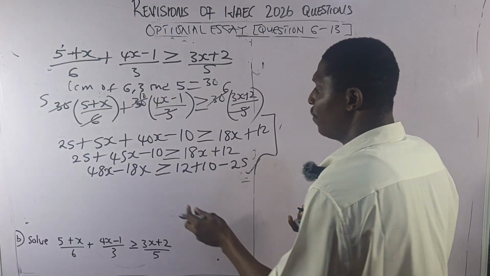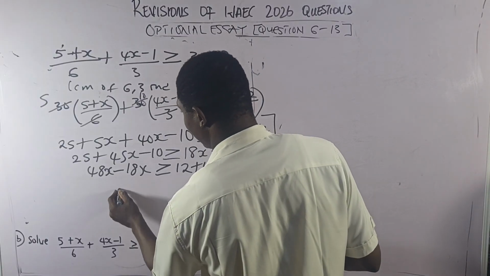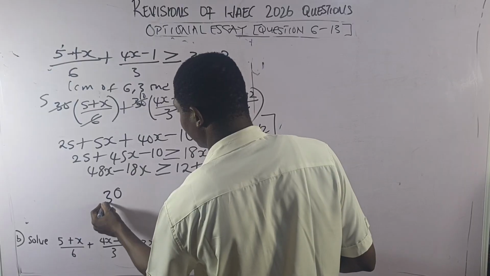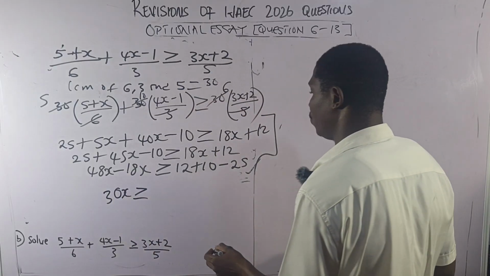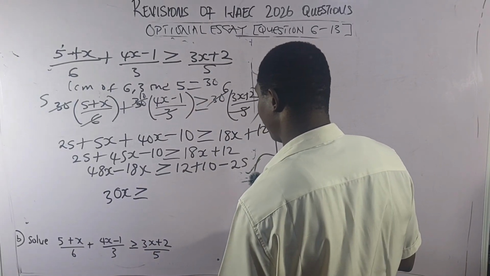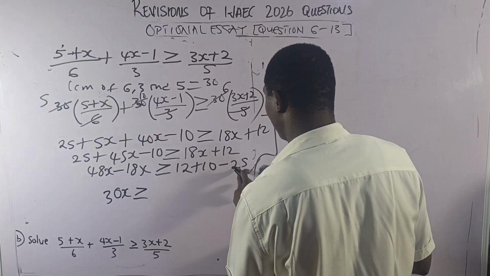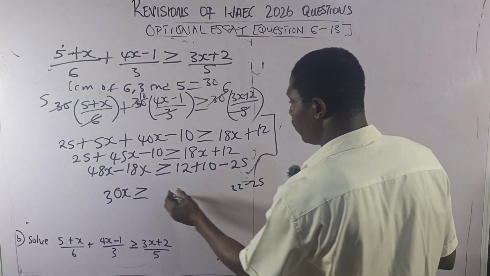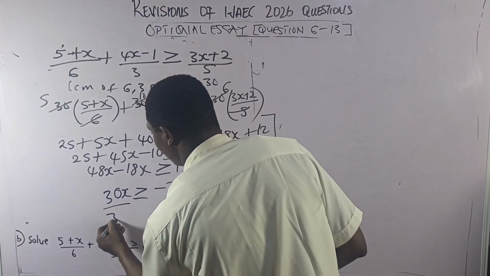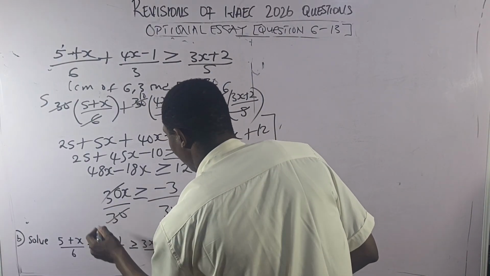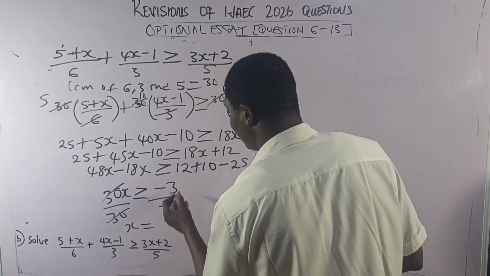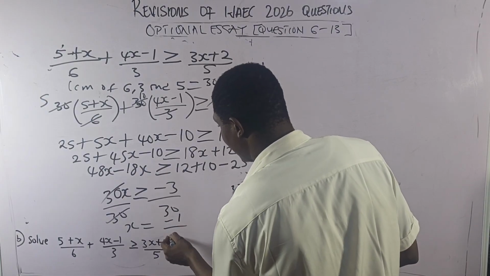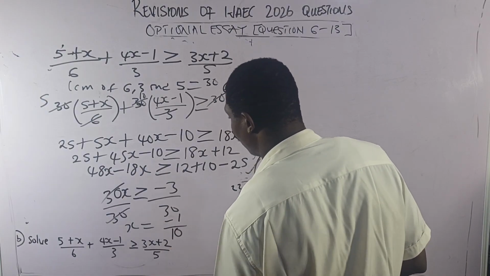So we have 48 minus 18, 8 minus 8, 0, 3 minus 1, 4 minus 1, 3. I have my x greater than or equal to. This plus this will give me 22. 22 minus 25 will give me minus 3. And if I divide through by 30, I'll have my x to be equal to 3 here, 1, 3 here. So I have minus 1 over 10.